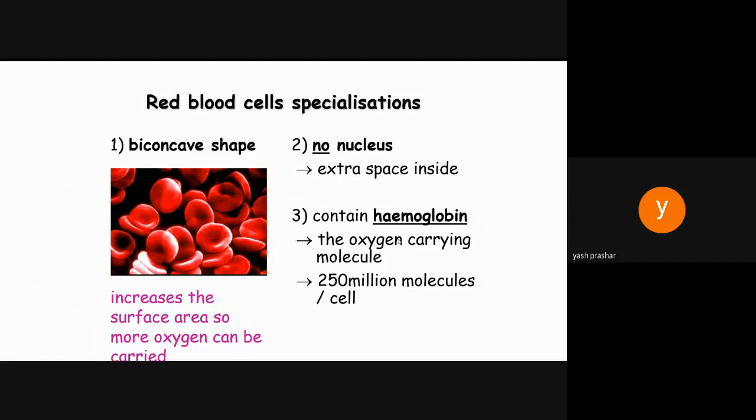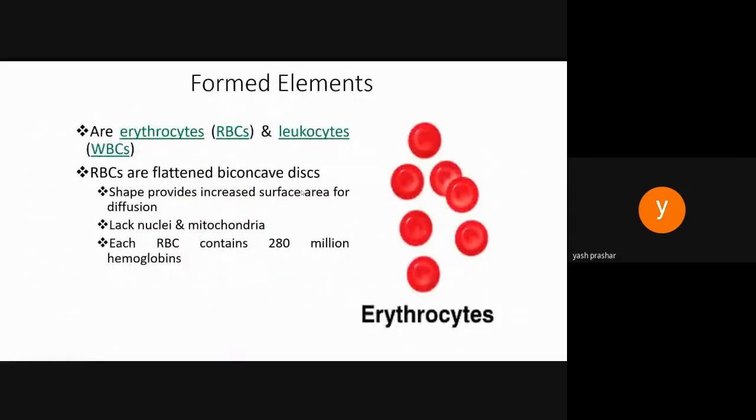Red blood cells are primarily formed in the bone marrow, and in prenatal development, hematopoiesis occurs in the yolk sac and then in the liver and spleen. In the newborn, all erythropoiesis occurs in bone marrow. Among the formed elements, we have red blood cells and leukocytes.